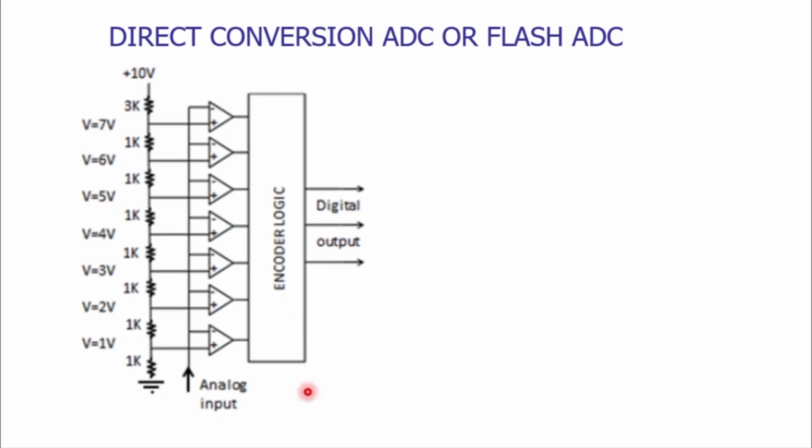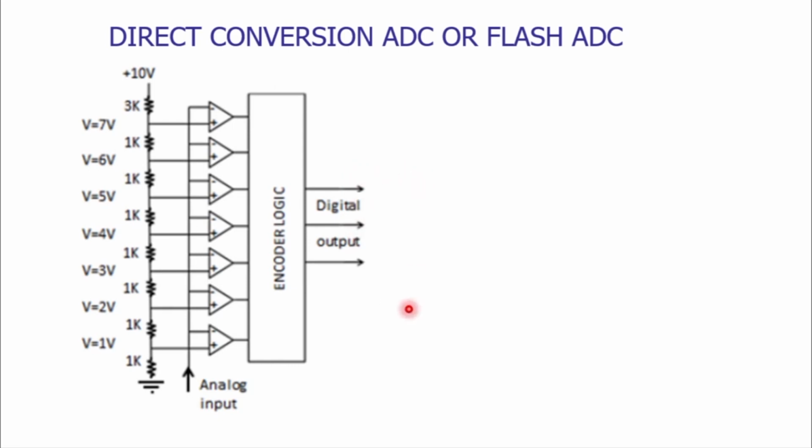To understand the construction and working of a typical ADC, let us consider that we want to convert a signal of maximum up to 10 volts into the digital binary output format, which will be useful for the microprocessor.